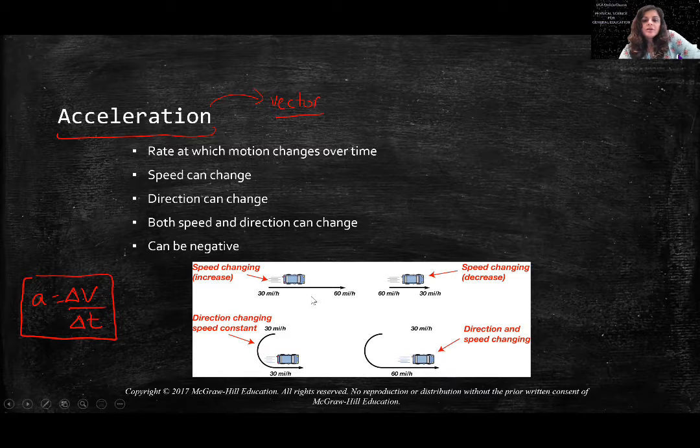So if we have a car traveling at 30, this is from your textbook, 30 miles per hour, then traveling 60 miles per hour, as the speed increases, here it's heading in that direction. Our acceleration is also in this direction.